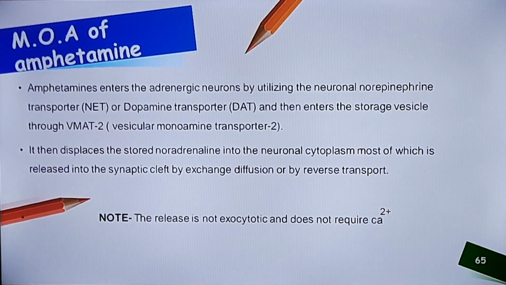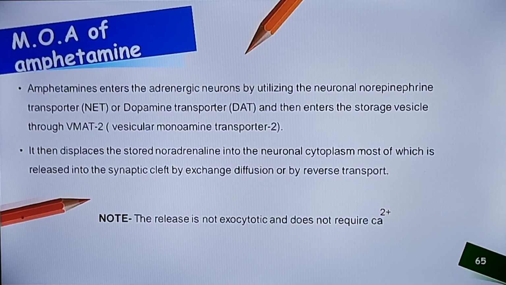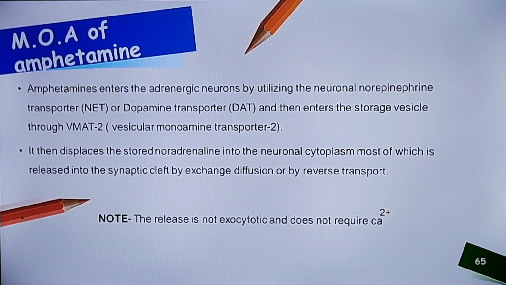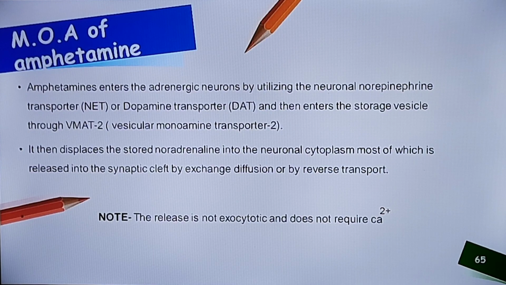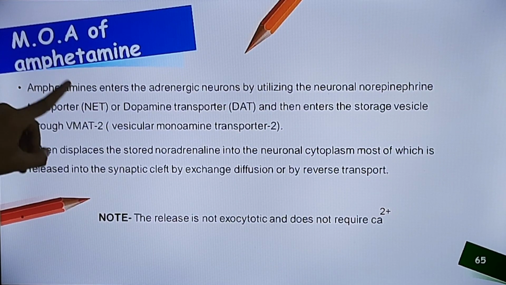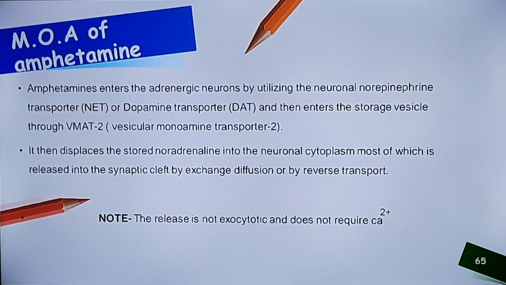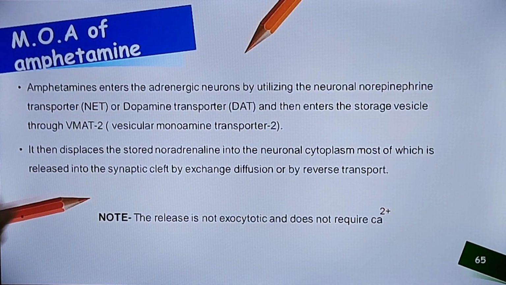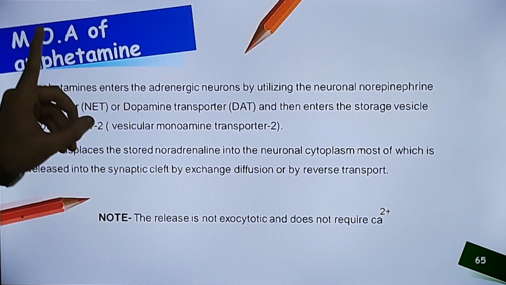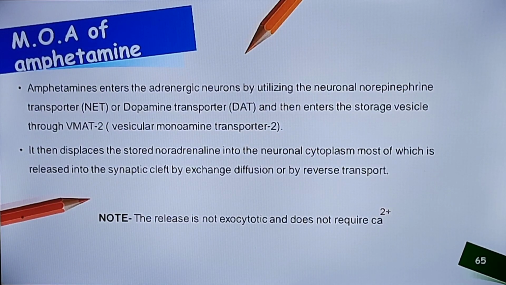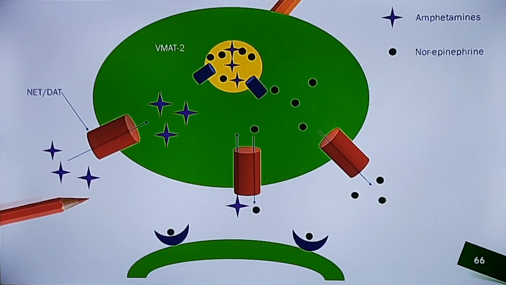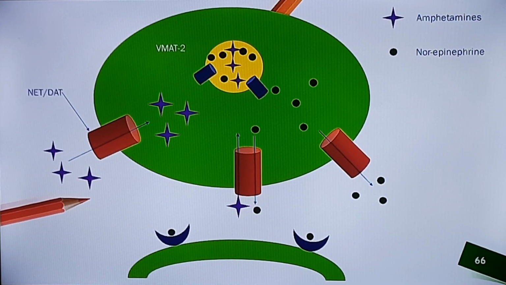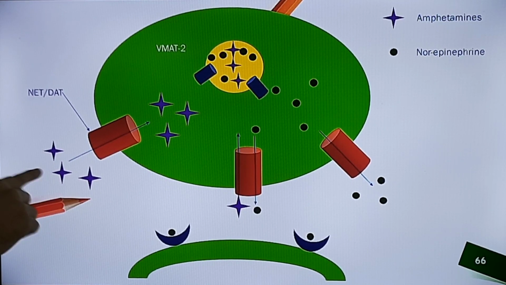Now let us read these sentences one by one and see what they are trying to say. Amphetamines enter the adrenergic neurons by utilizing the neuronal norepinephrine transporter or dopamine transporter and then enter the storage vesicle through VMAT2. So as you can see on your screen, here is our amphetamine.